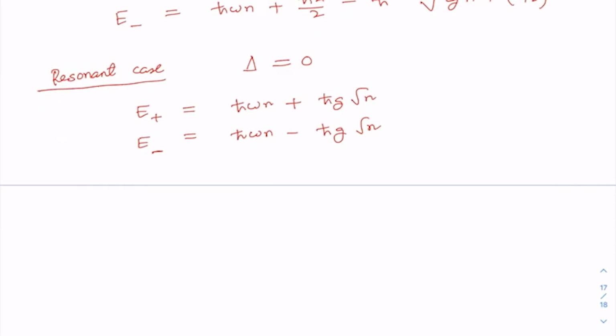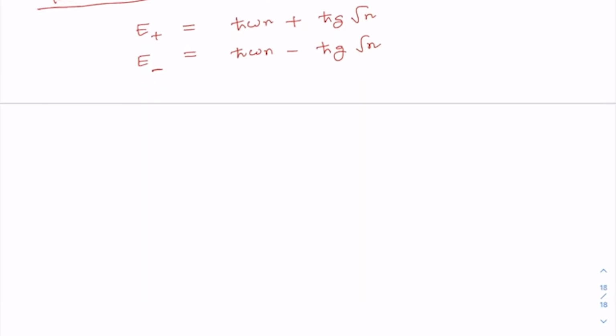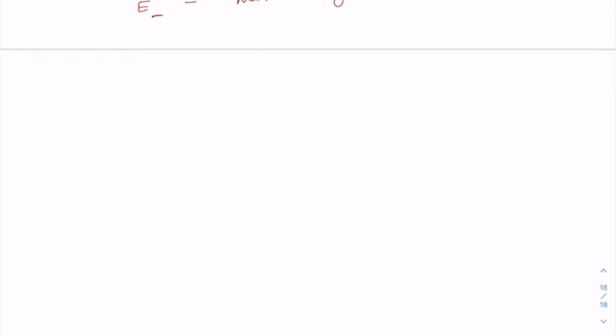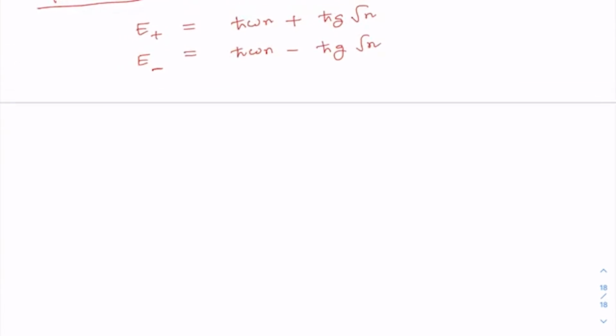Let us understand it from the energy level diagram for this system. We have the atom in the ground state and no photons in the field mode, so this is our ground state. Then we have the atom in the ground state with 1 photon in the field mode, the atom in the ground state with 2 photons in the field mode.